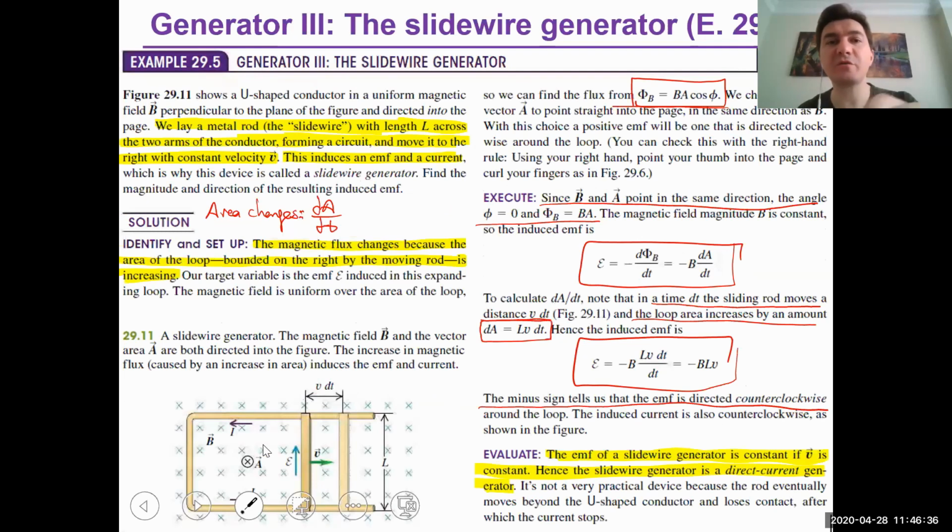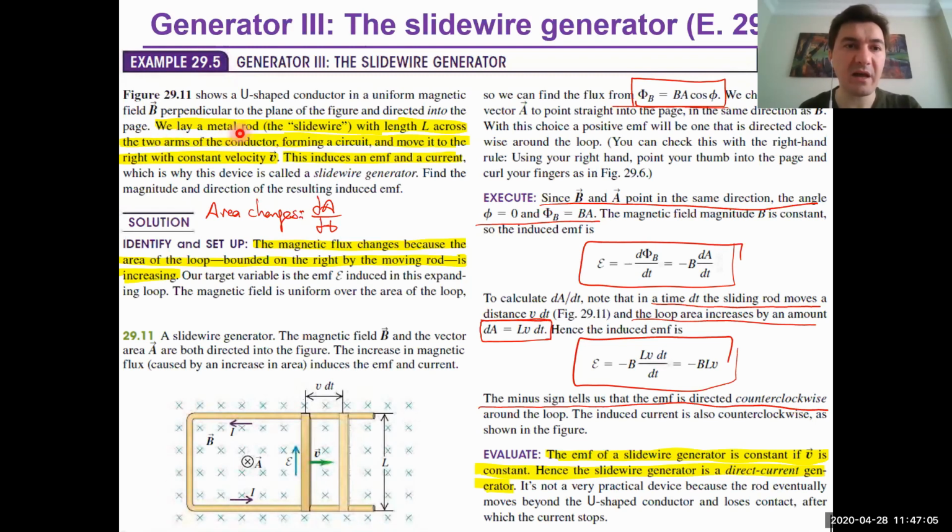Then let me continue with another type of generator, the slidewire generator. So what is a slidewire generator? Here in that figure, there is a U-shaped conductor in a uniform magnetic field. We have magnetic field into the page, and then we have a conductor.